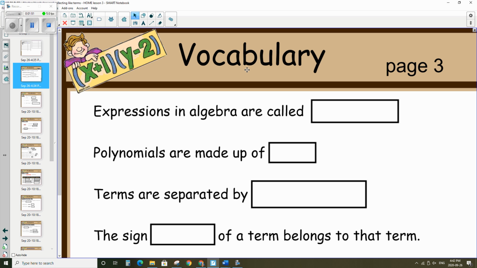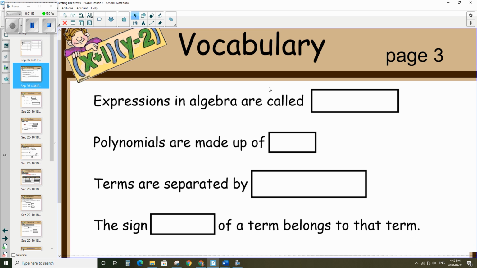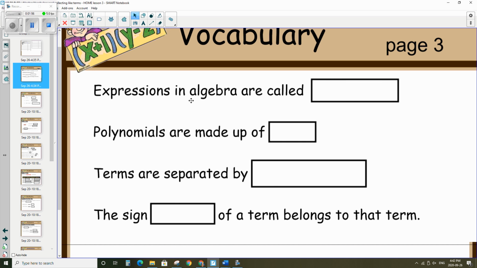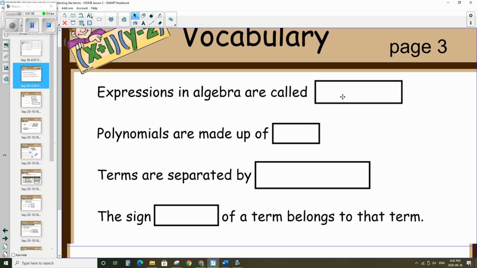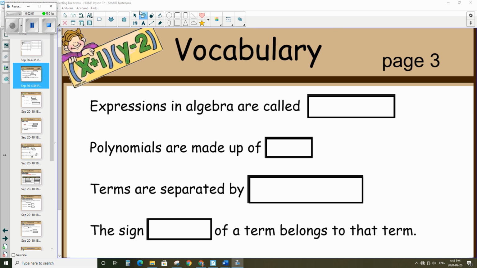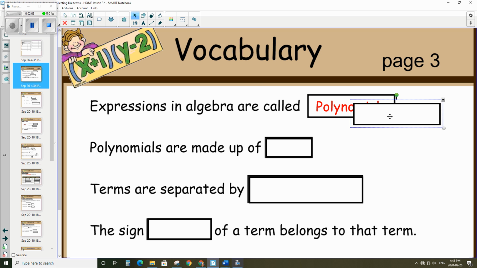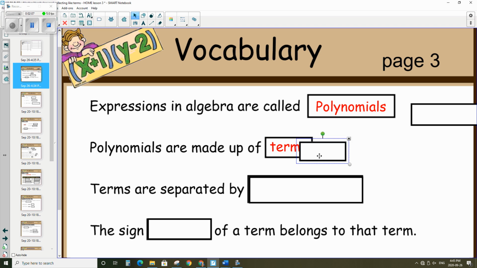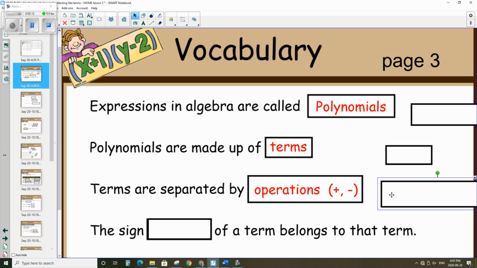All right, so the vocabulary is on page 3, so make sure you've got that open. Expressions in algebra are called polynomials, and polynomials are made up of different terms, and these terms are separated by operations plus and minus.